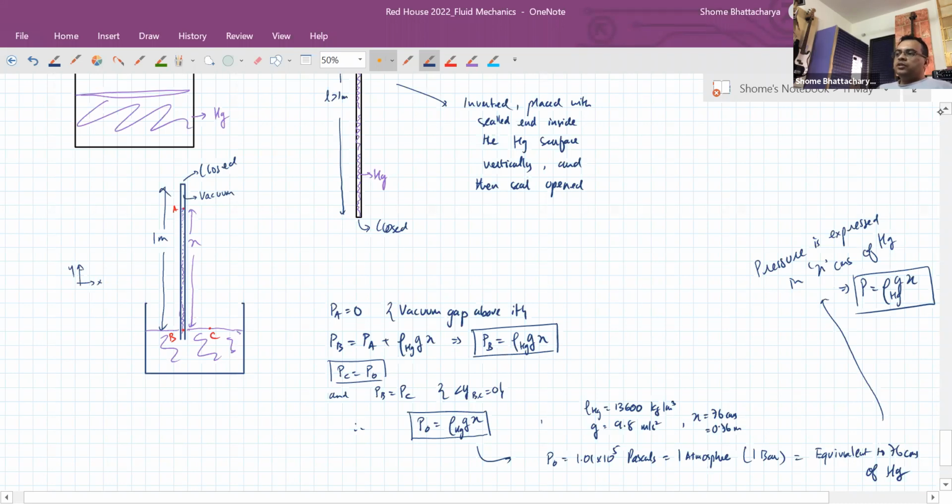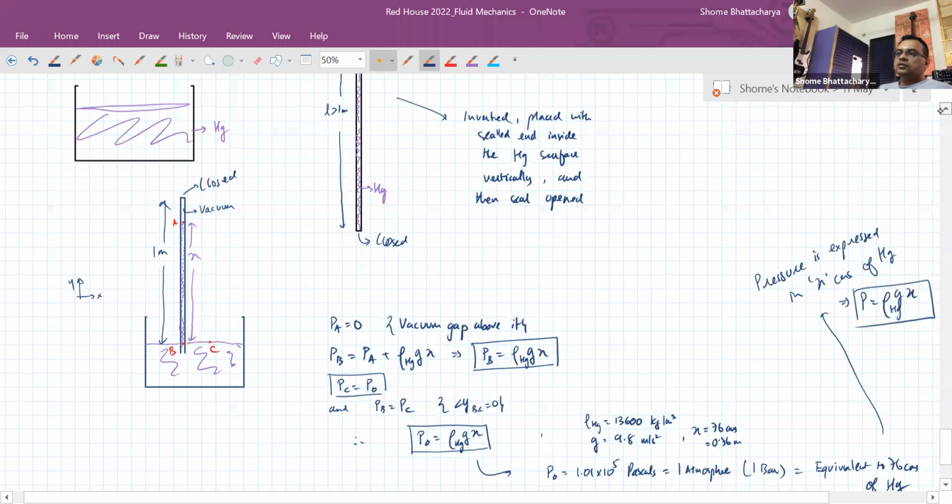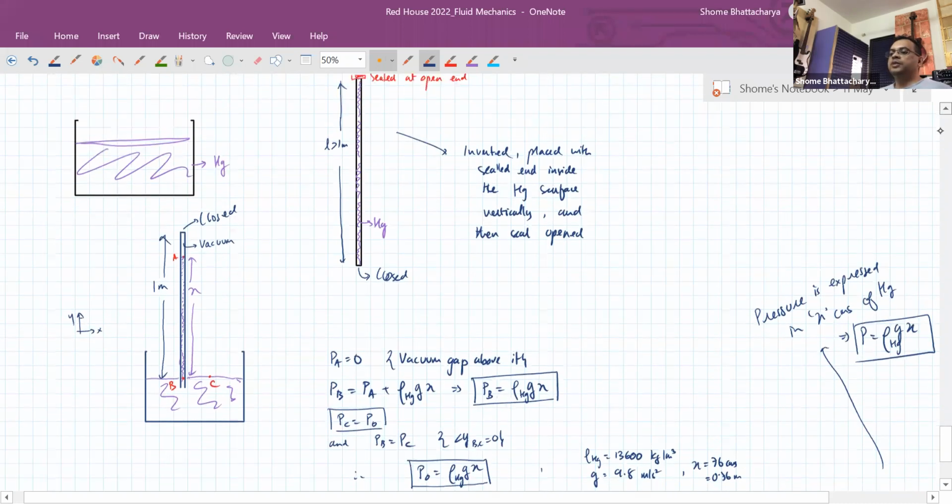Okay, so this is the simple working principle of barometer, which functions on the principle of vertical pressure gradient.